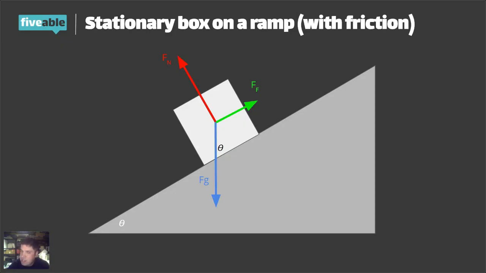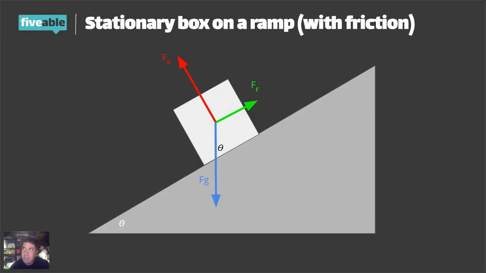Now, have you guys done the trig for a box on a ramp yet, or is that something new? Not yet. Okay. So in this case, we know those three forces have to cancel each other out. This box has to be stationary, so all the forces on it add up to zero.